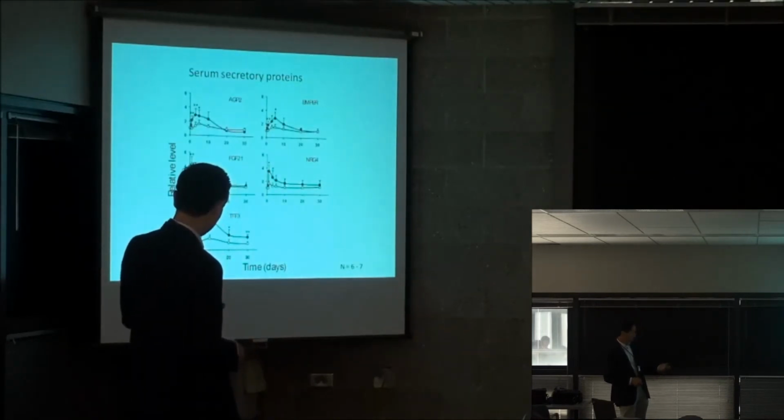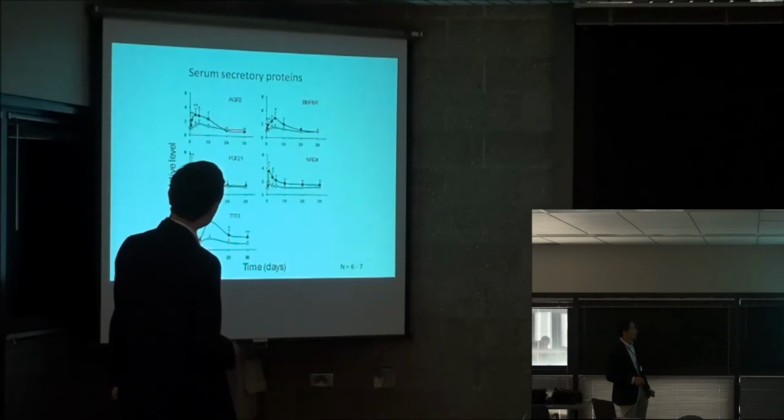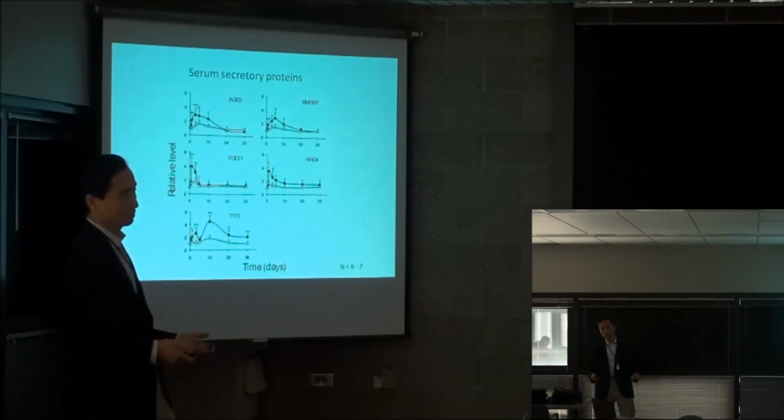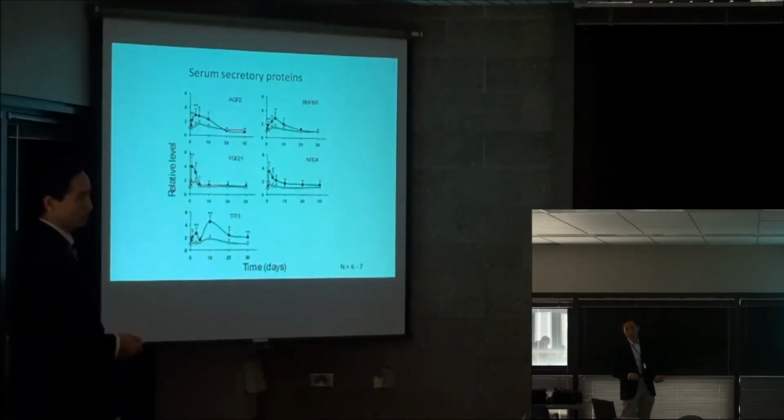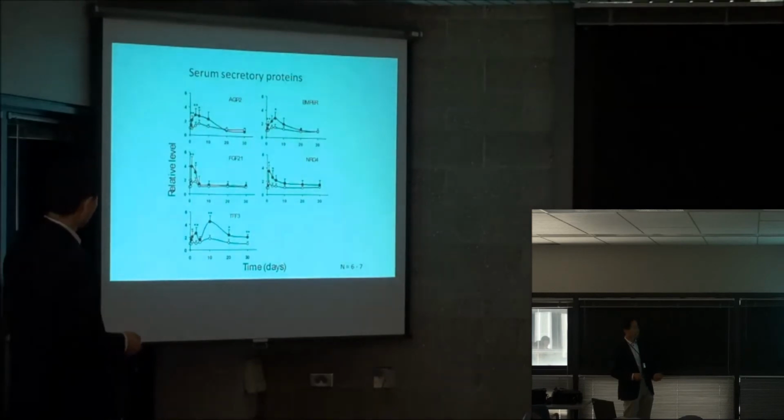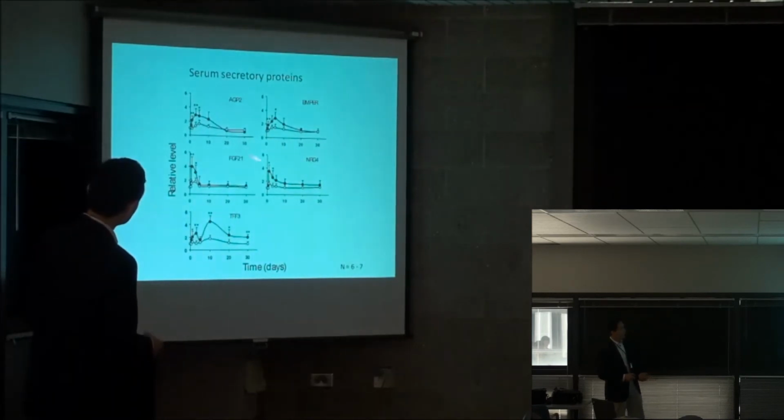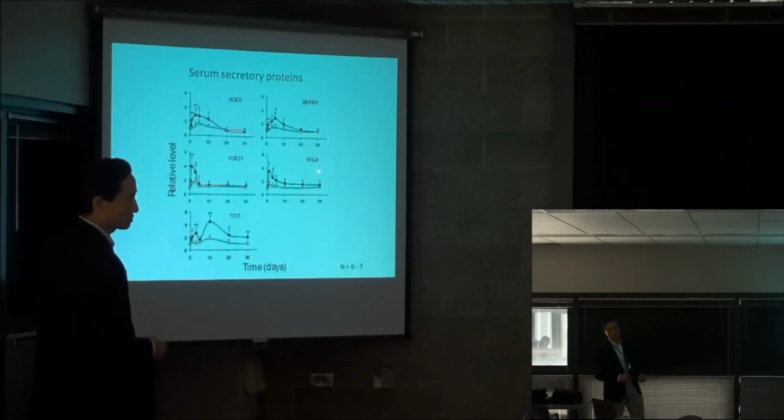This simply shows the serum or blood level of these 5 proteins measured by ELISA. The message here is that for all 5 cardioprotective proteins, you can see a transient increase in the serum level from day 1 to about day 10.